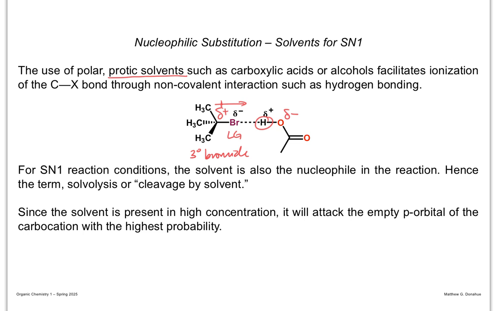Due to my limitations in drawing this stuff and just visualizing it in general, I'm just showing you one solvent molecule. But you imagine the bromine's a big ball. It's surrounded by these solvent molecules. So all of them are tugging on that leaving group. And that tug helps to ionize. That's the rate-limiting step in SN1. So we know that that bond is going to cleave. So that's the ionization.